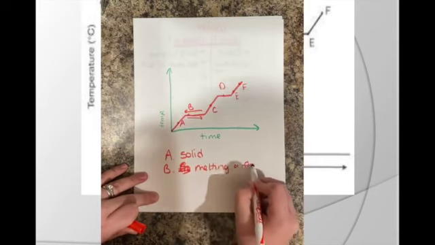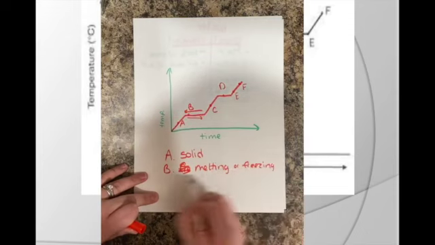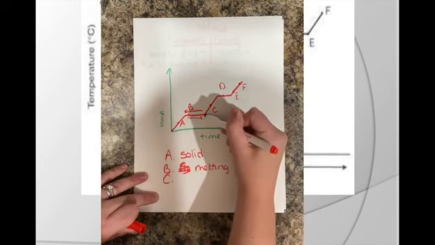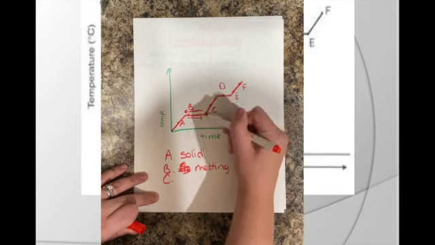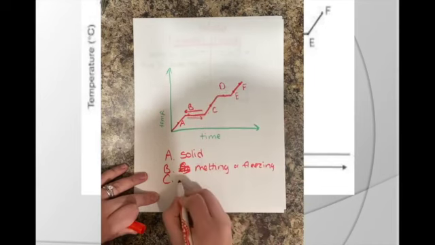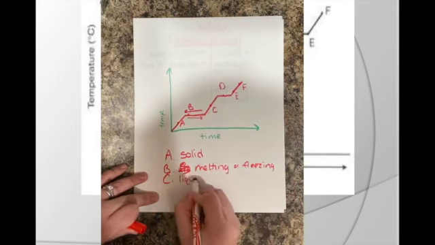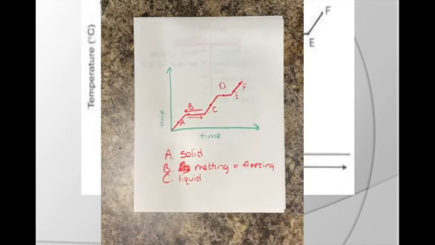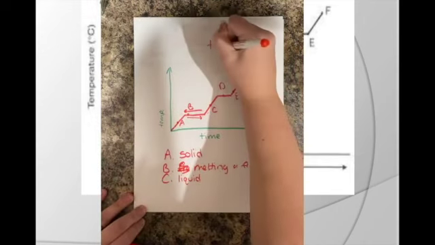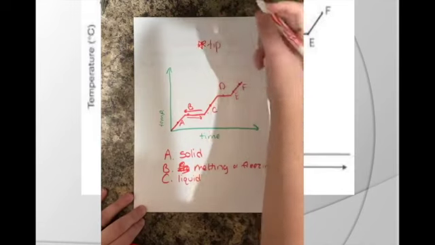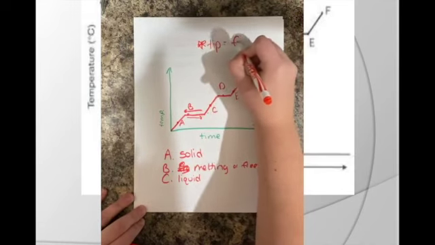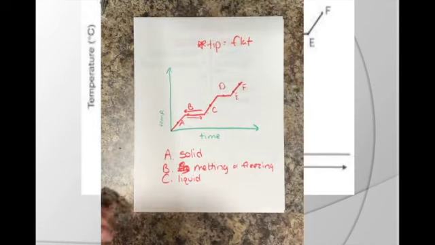All right, so now we have C. That's another phase. It goes from solid, and then if a solid melts, it turns into a liquid. I know I said label to F, but I actually mean E. Okay, so D, that is at this phase change.